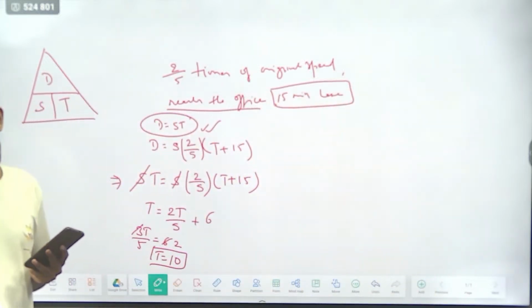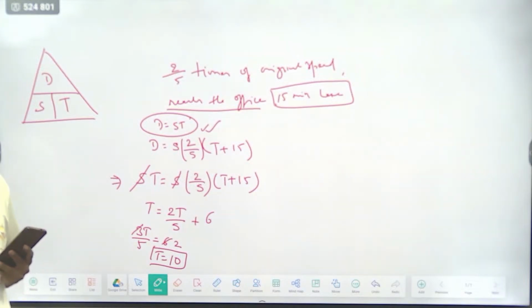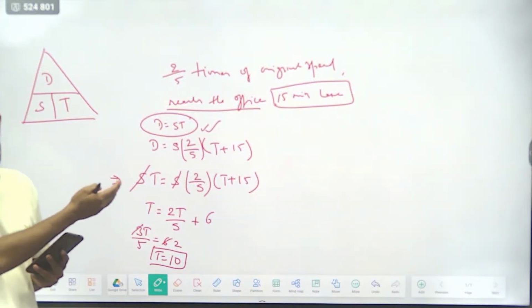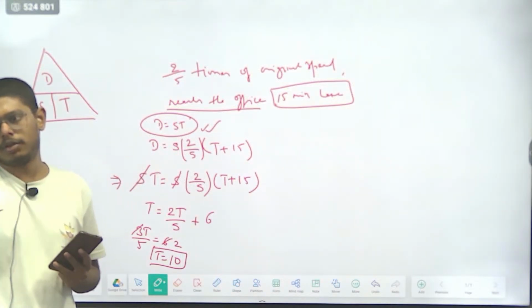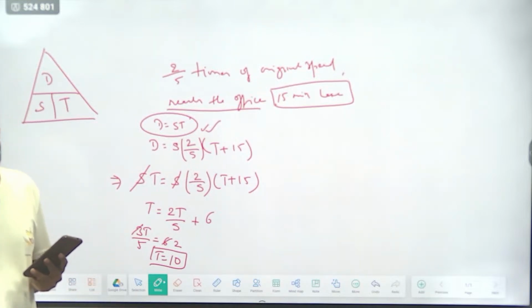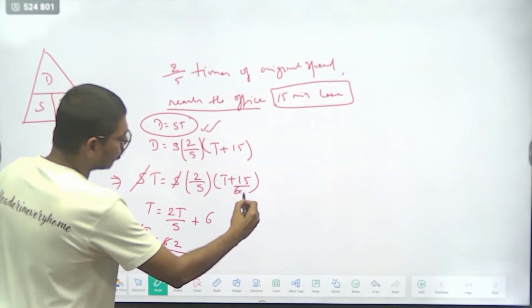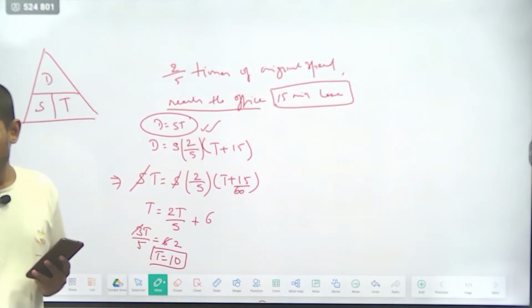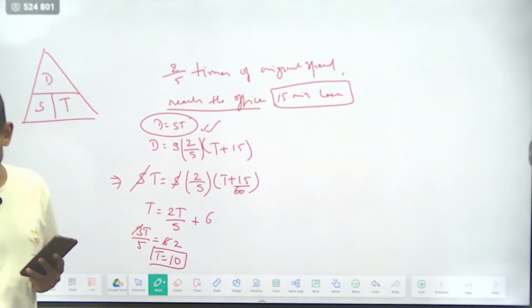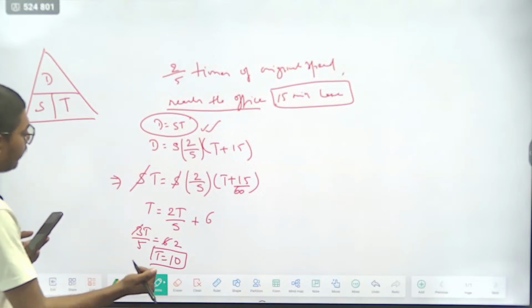Guys, look, we don't know over here what the unit of the time is. Now, I can say 15 minutes as 15 by 60 also, in hours. 15 by 60 hours, isn't it? 1 by 4, right?